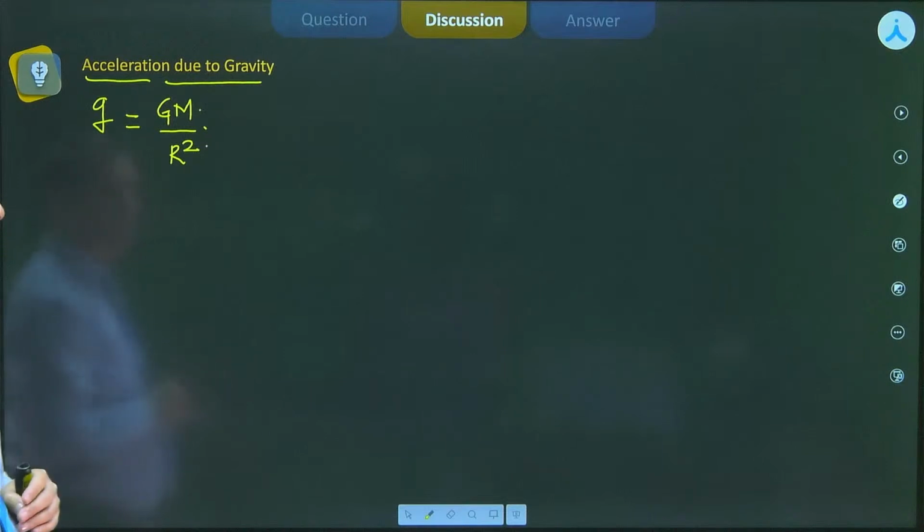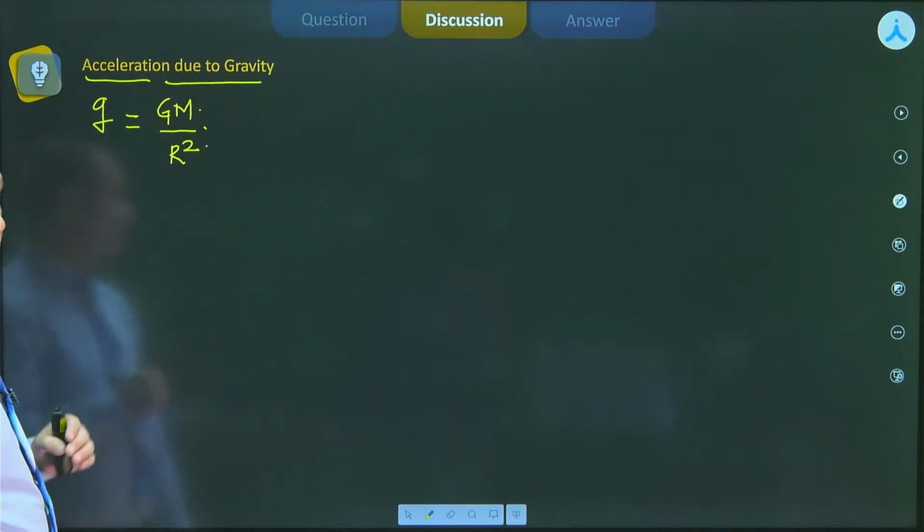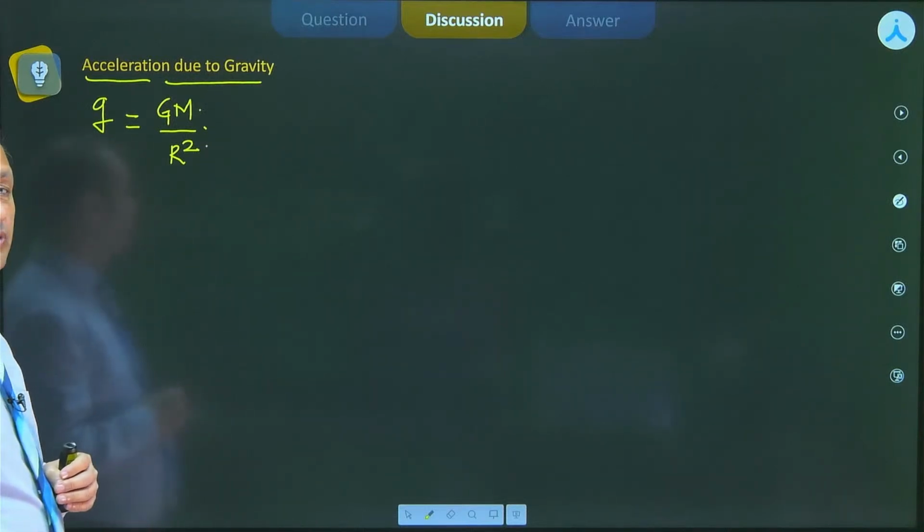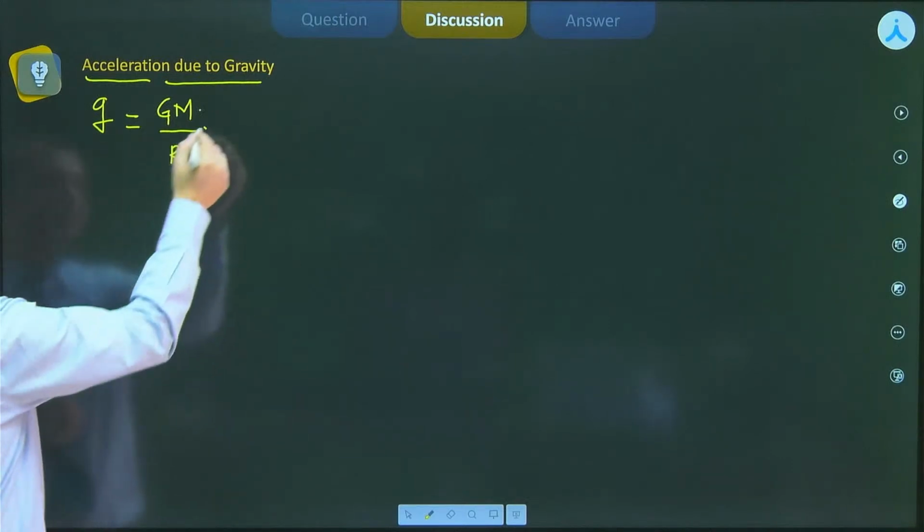Got it or not? Now this is the first formula we have for the acceleration due to gravity.